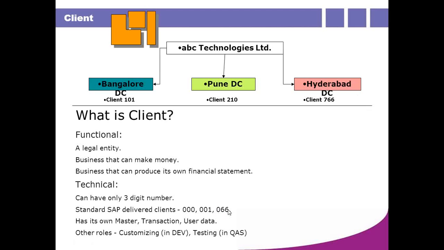They will suggest if any bottlenecks happen, or any risks you might face going forward, and what actions you need to take. Yearly once or twice it will do this in your production system. At that time it will log in through 066 only. So this we are not going to use from the basis point of view.